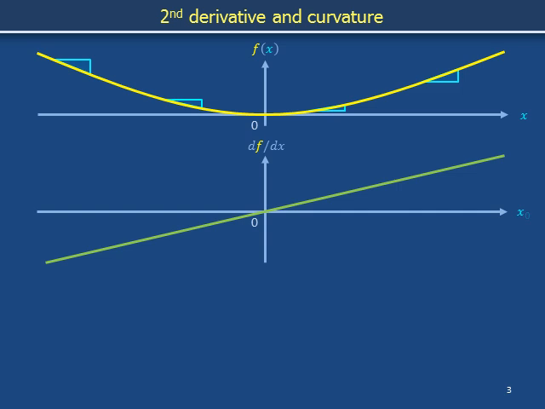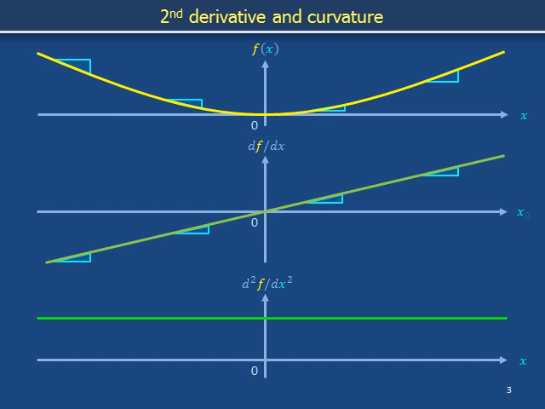We can evaluate the rise over run for the plot of df dx versus x to obtain its slope, and this is called the second derivative. For a quadratic function, the viewer can confirm that the derivative of the derivative is a constant. The notation d squared f dx squared is shorthand for d dx applied to df dx.